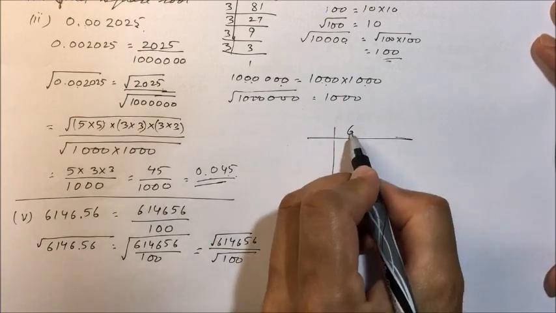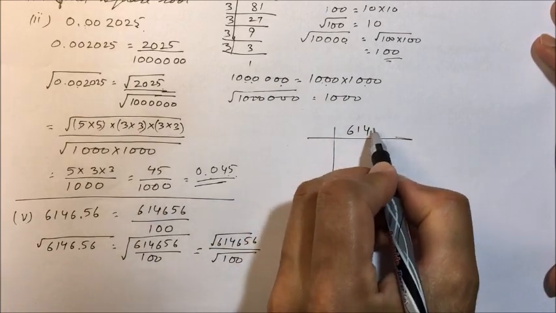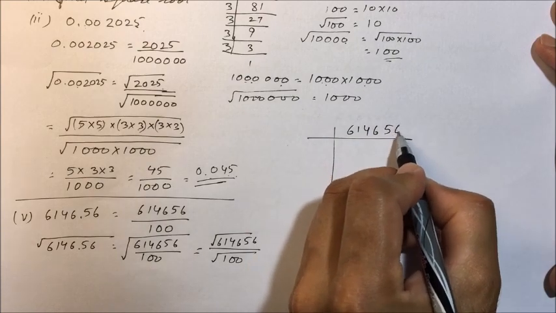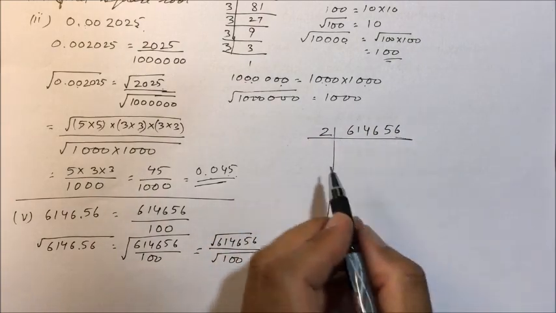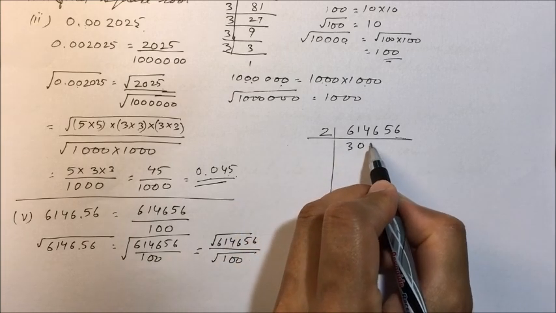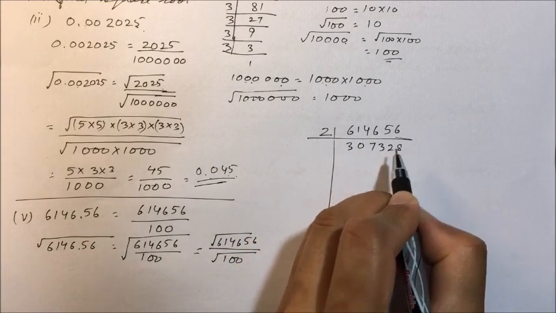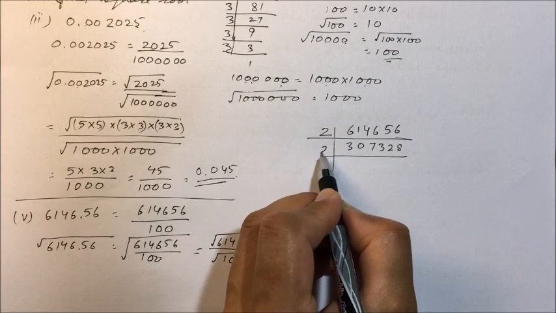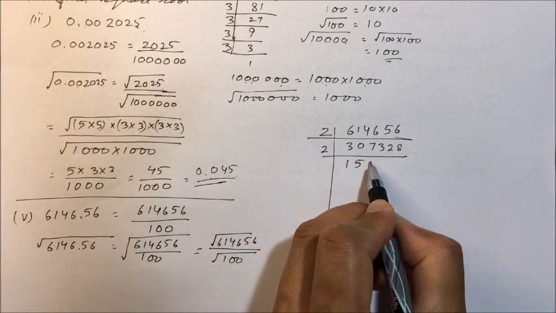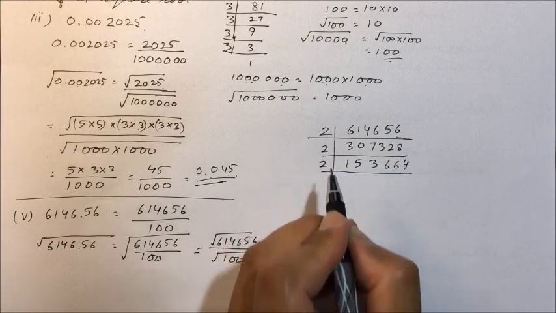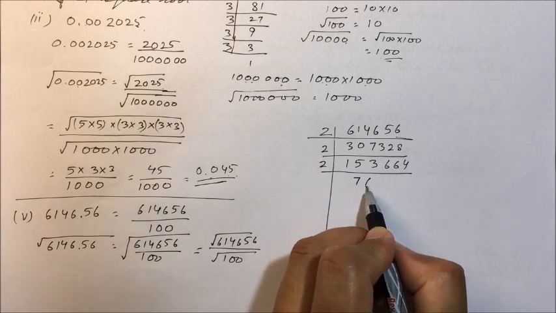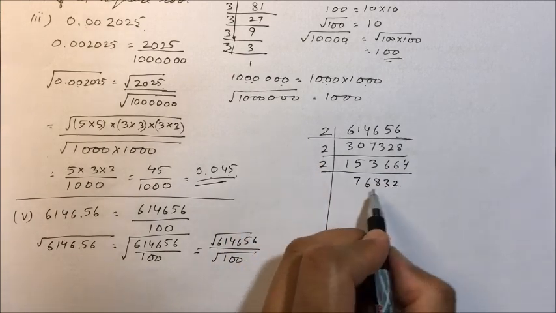So the number is 614656. It is divisible by 2. It will be 307328. Again we can divide by 2: 153664. Again by 2: 76832.